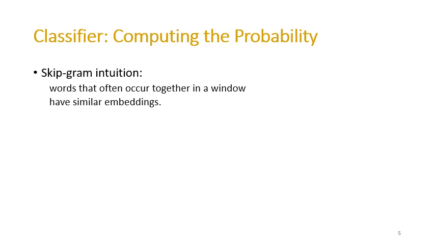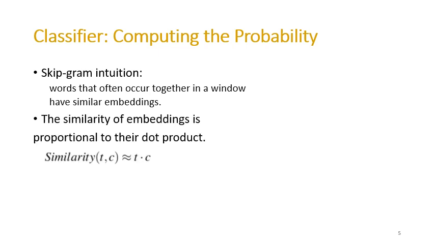The vector of the word tablespoon and the vector of the word apricot should be similar, according to the skip-gram intuition. So words that occur in the window together should have similar embeddings. How do we measure the similarity between two vectors?